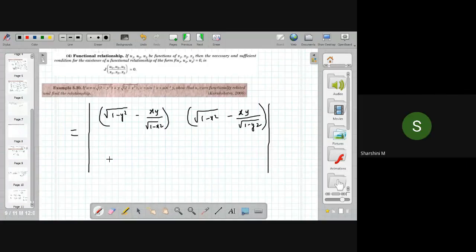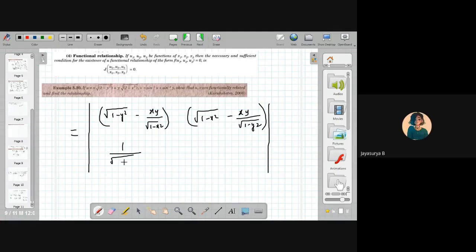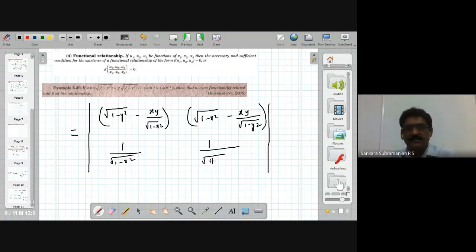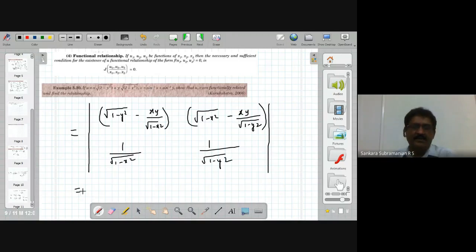First row correct? 1 divided by... Yes sir, first row correct sir. What comes here? 1 divided by square root of 1 minus x square. 1 minus, here x square. 1 minus 1 minus y square, sir. Okay, thank you.